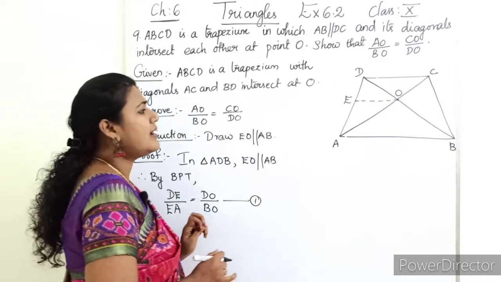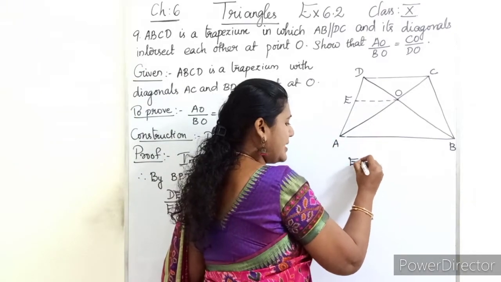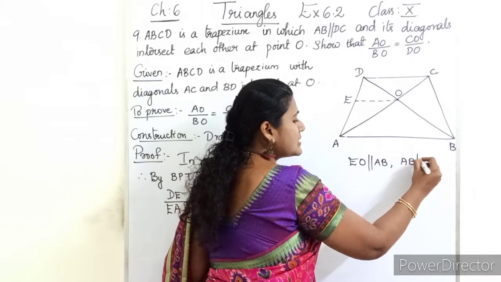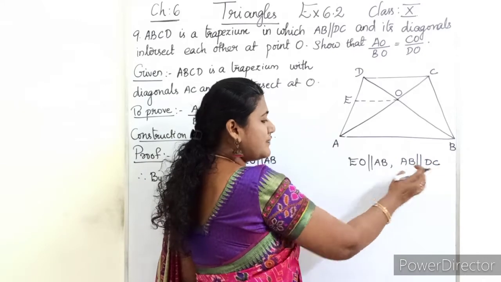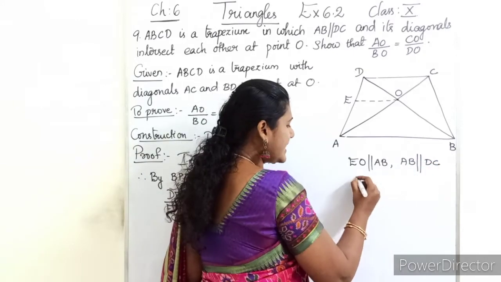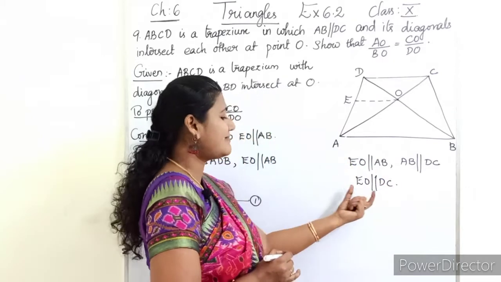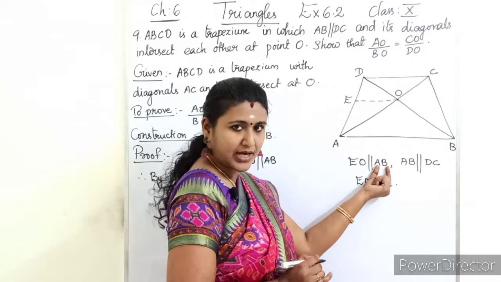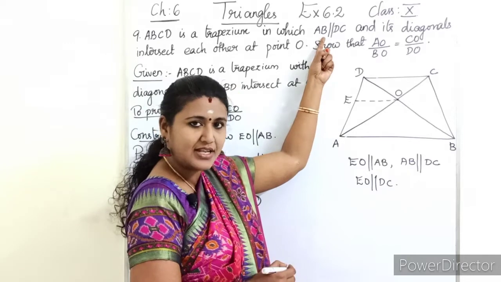Now since EO is parallel to AB, and it is given in the question that AB is parallel to DC, from these two conditions we can say EO is parallel to DC also. EO is parallel to AB as per our construction, and AB is parallel to DC as given in the question.